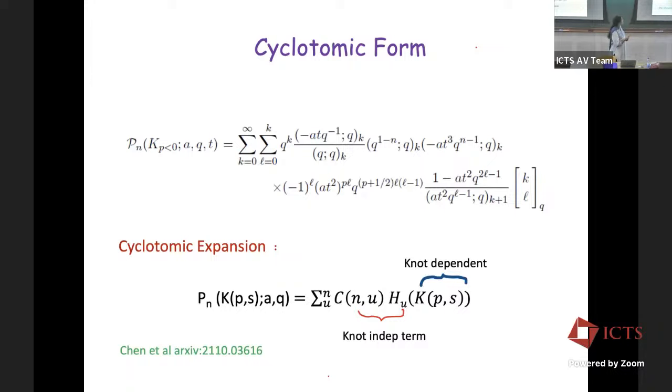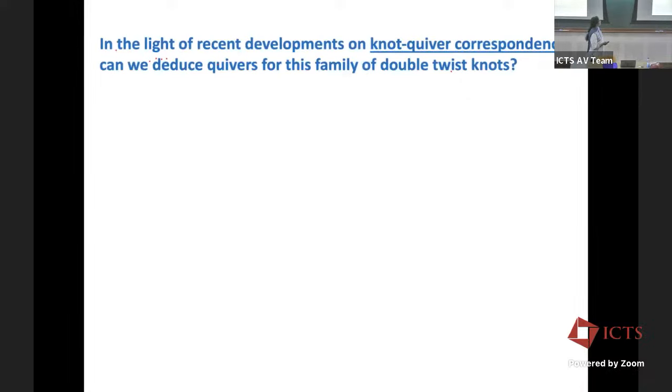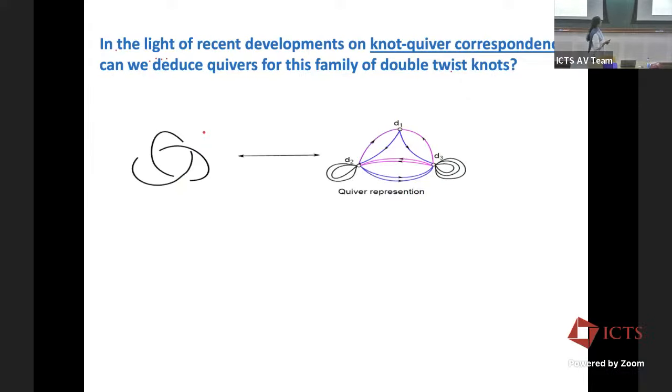So this invariant, if you look at it, you see that there is a piece which is dependent and a piece which is independent. And this is what they call a cyclotomic expansion. Okay. So what we wanted to do is that there were some interesting developments: for every knot there is an equivalent quiver diagram drawn.